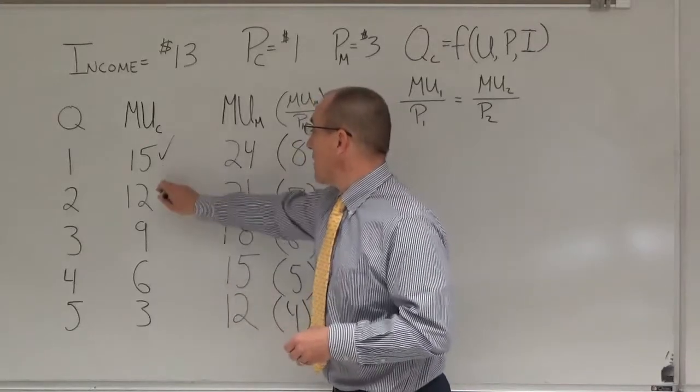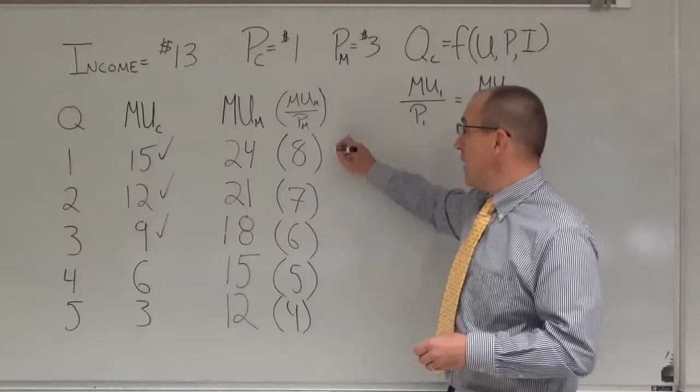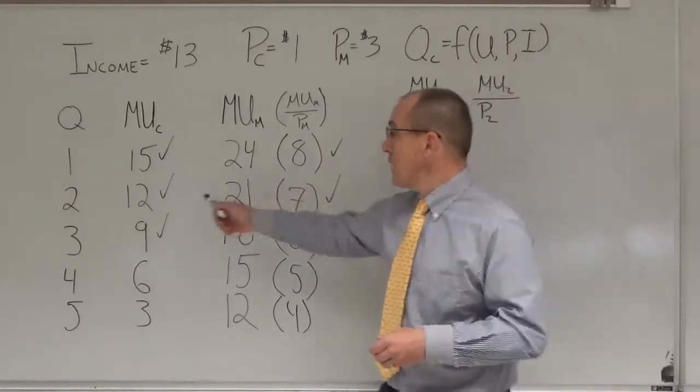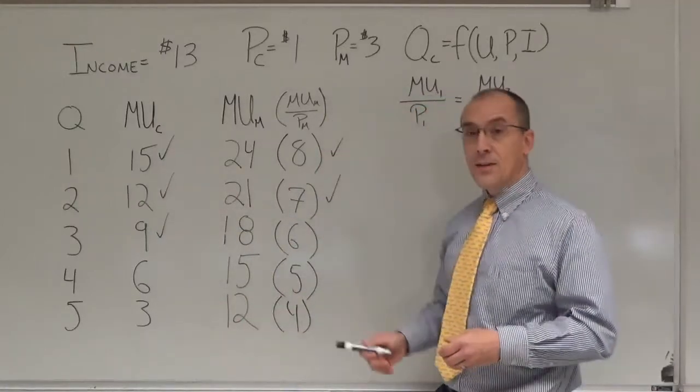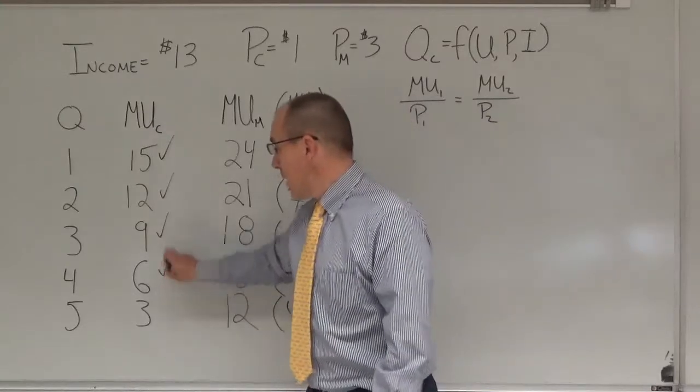Then he will buy a second cookie, and a third cookie. And then he's going to buy a milk. At this point, he has spent $9. He has $4 left. He can buy one more milk and one more cookie.